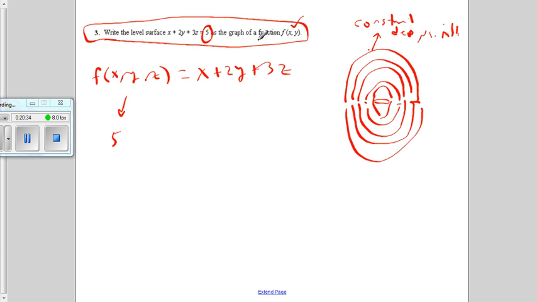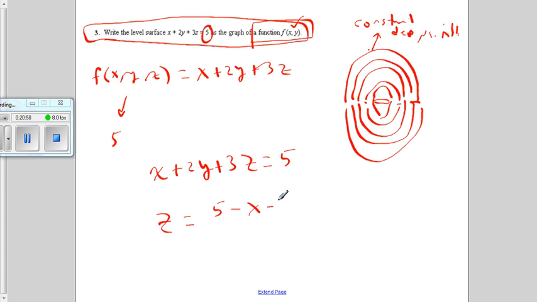But we want to think about it as a graph of just 3 dimensions, f of x, y. So the idea is, just take this equation and solve it for z. And if we do that, we get z equals 5 minus x minus 2y all over 3. And this we can consider as a function of x comma y.